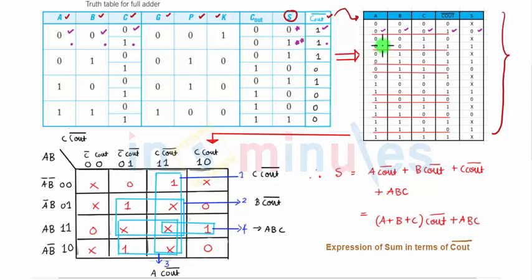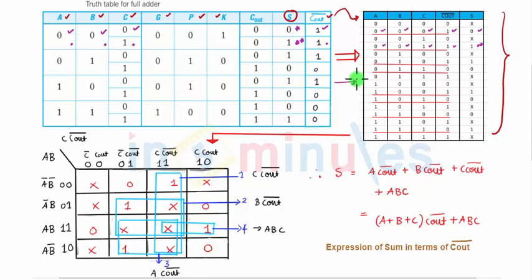Let's see: A is 0, B is 0, Cin is 1, Cout bar is 1, sum is equal to 1. Correct. So here you would have 8 such cases, A, B, Cin and the corresponding Cout bar. This Cout bar I have got by inverting the value of Cout. You can see the further cases, and all the cases which are underlined in the new truth table are the ones which are mapped from this truth table.